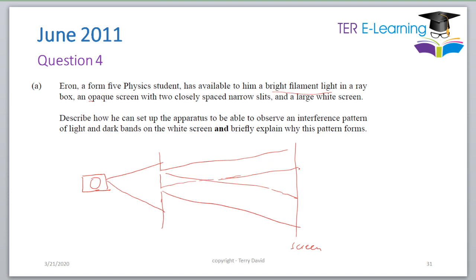Right, so in this region here, you're gonna get bright and dark fringes. Alright, so describe how you can set up. So basically you have your screen, you have your ray box here. This one here is your double slit.